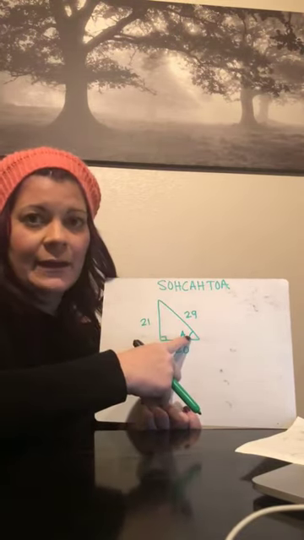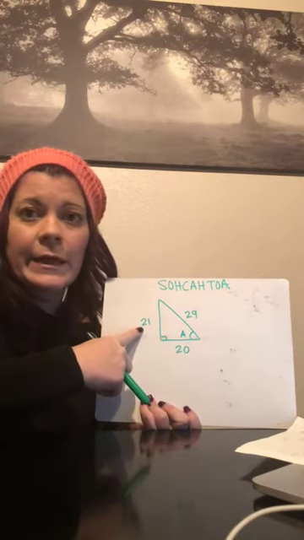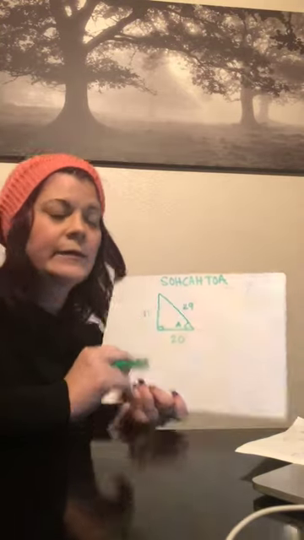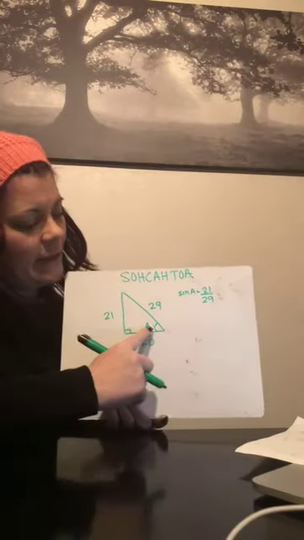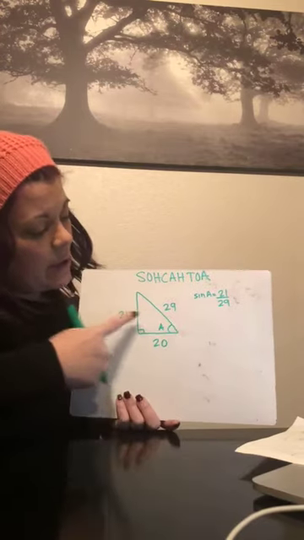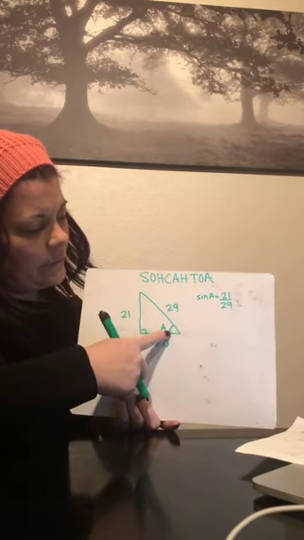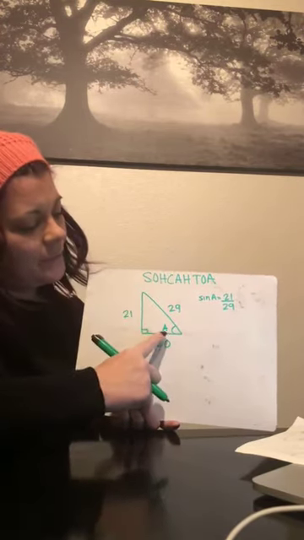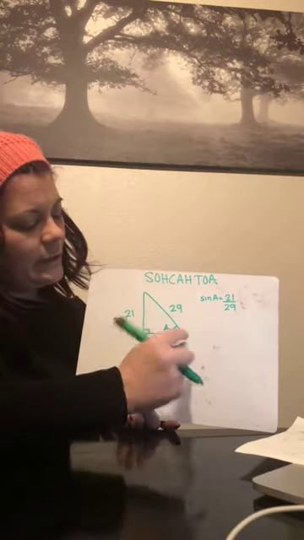The opposite side of this angle is 21, and the hypotenuse is 29. So the sine of A, and you can just write it as a fraction, is 21 over 29, because that's what OH stands for.